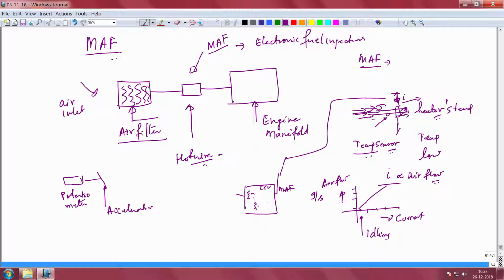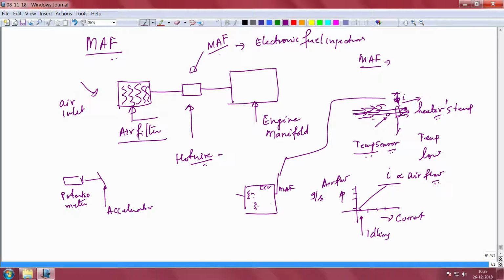If it is an automatic transmission system, based on the MAF value, if it is let us say gearless vehicles, the moment you press on the pedal, you will have to increase the speed. So, it shifts the automatic transmission, a signal is given, and then the speed picks up.